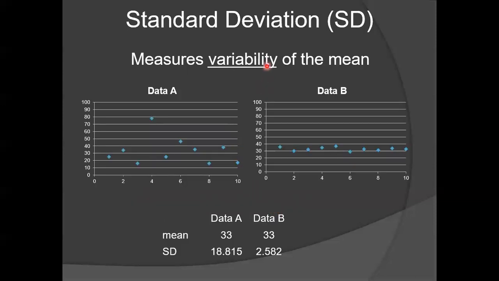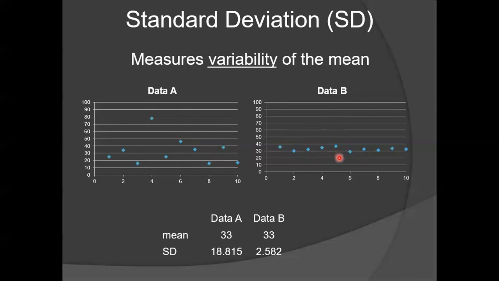As mentioned, standard deviation measures the variability of the mean. For example, if we have 2 data sets here, the mean for both data set A and B is exactly 33. But if we look at these 10 individual points, data A is much more variable than data B, which is more consistent.